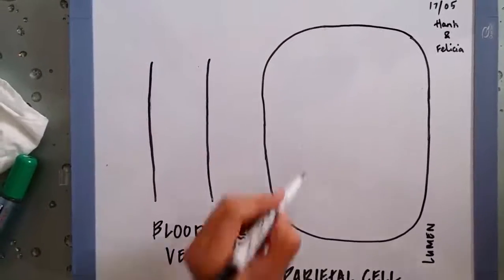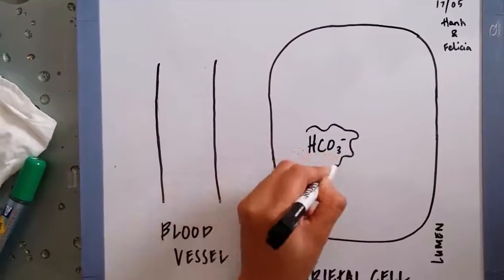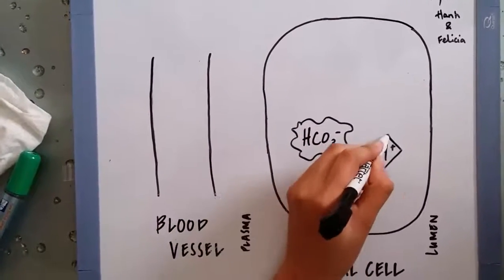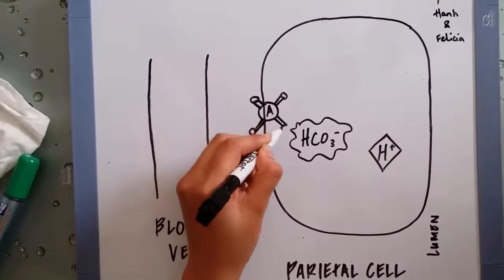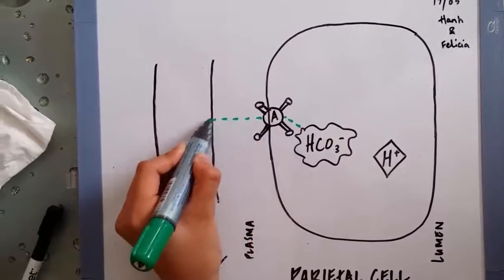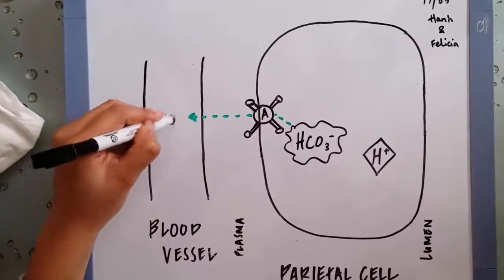There is a bicarbonate-chloride antiporter located on the plasma side of the parietal cell. Bicarbonate is transported out of the cell and chloride ions are transported into the cell from blood vessels simultaneously.